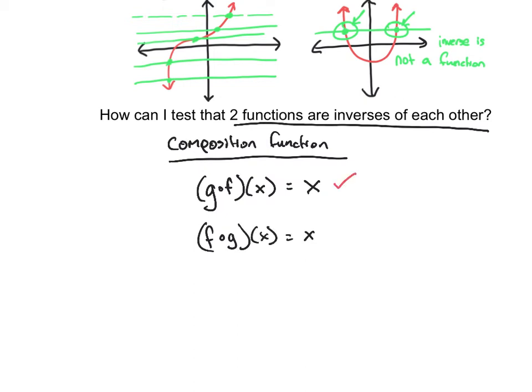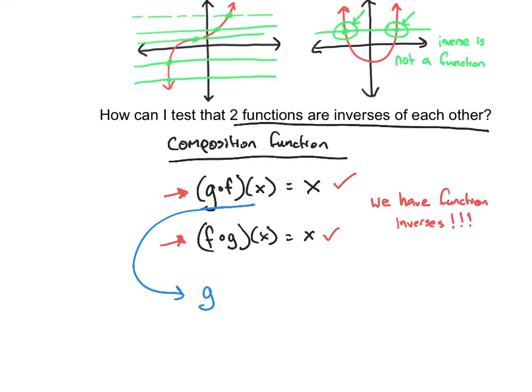As long as both check out, we have function inverses, right? And that's really it. It's pretty simple, it's a composition. So remember, compositions can be shown many different ways. I can show this as g of f of x.